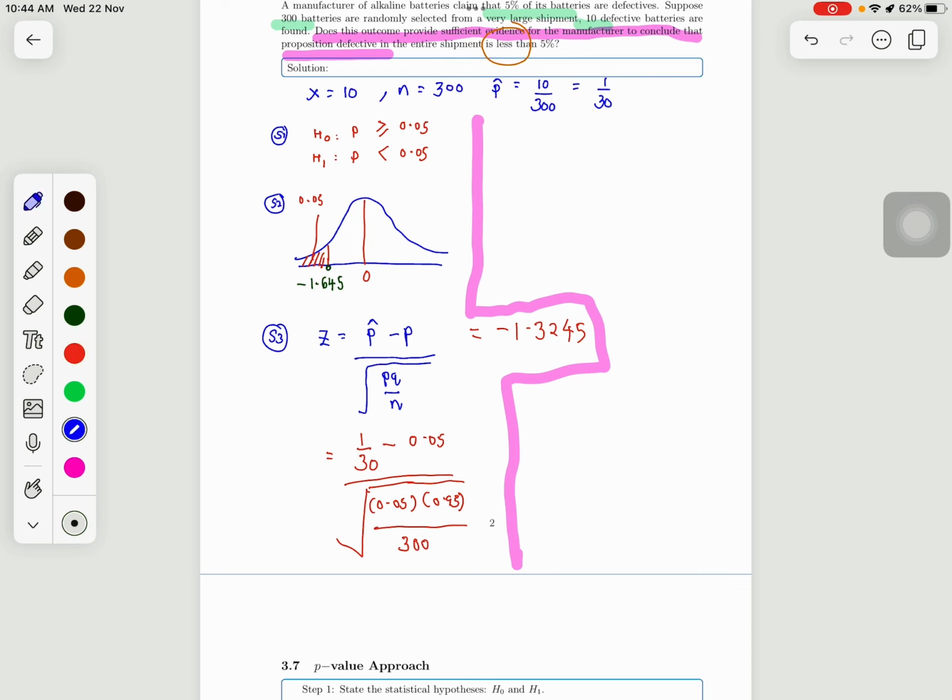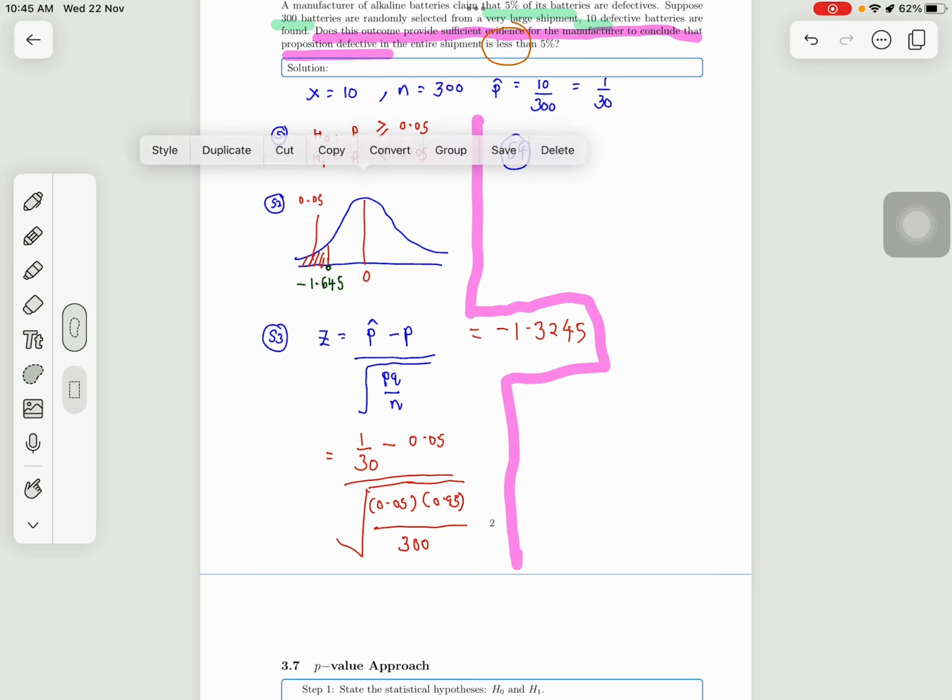So for step 4, we compare the value we get in step 3 with the critical value at step 2. So if I can copy this one, copy, I put here.